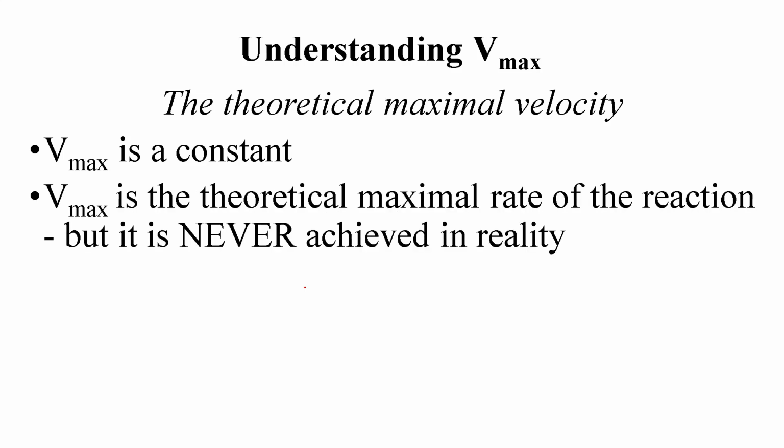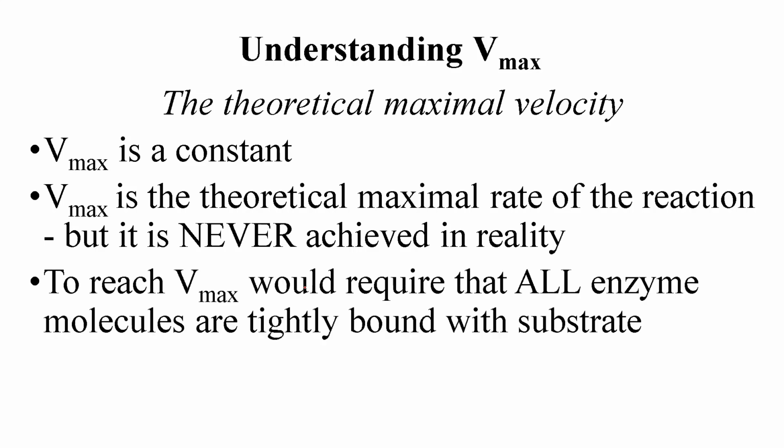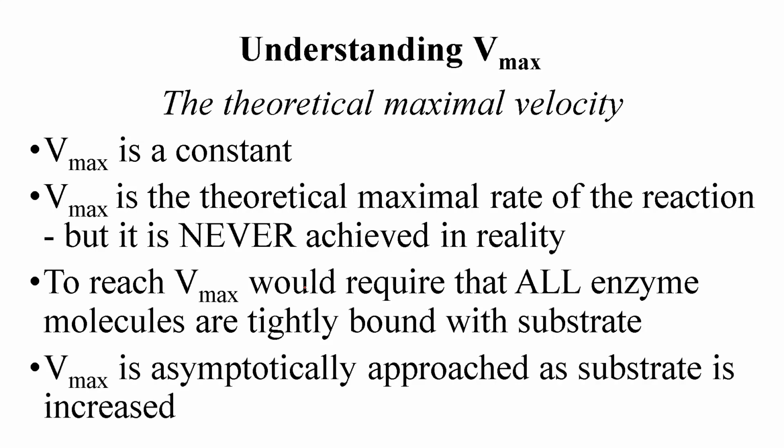Now, Vmax is a theoretical maximal rate of reaction, but it is never achieved in reality. To reach Vmax, you would want to have all the enzyme molecules tightly bound to the substrate. Again, we say that Vmax is asymptotically approached as the substrate is increasing.